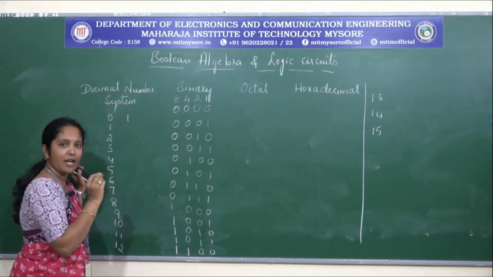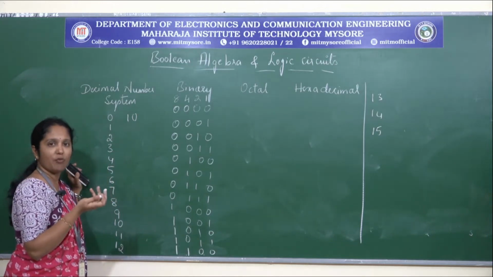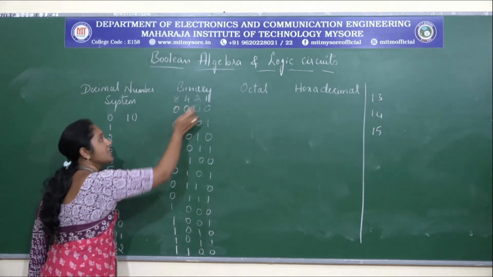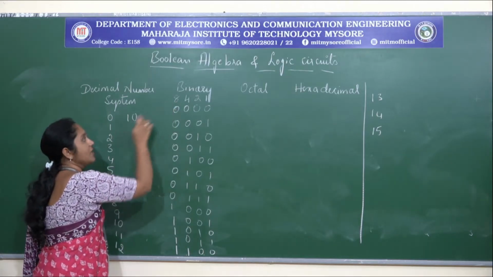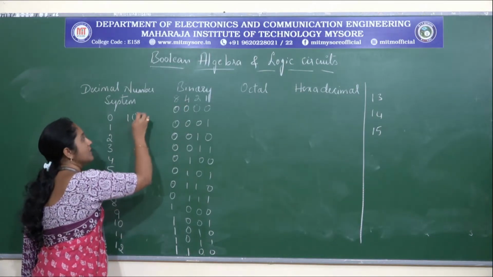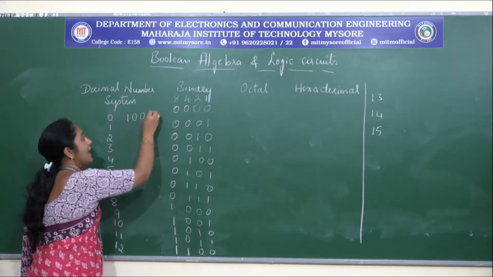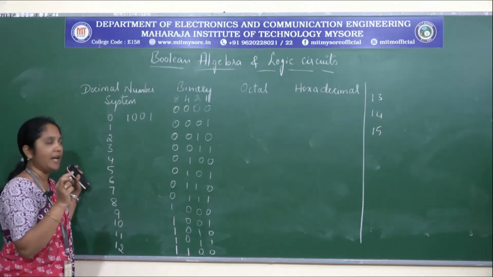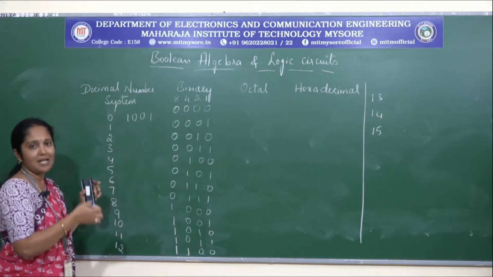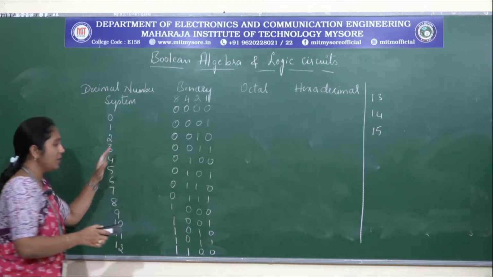Then you need to write 0 in place of 4. Why? Because I don't require 4. 8 and 1 are sufficient to get 9. Therefore you need to write 1 in place of 8, 0 in place of 4, next 0 again in place of 2, and at last 1, because 8 plus 1 will result in 9. So this is how we write the binary equivalent for a given decimal number.